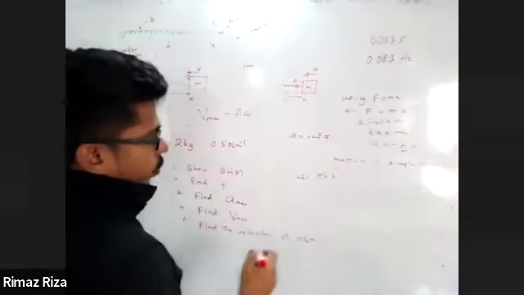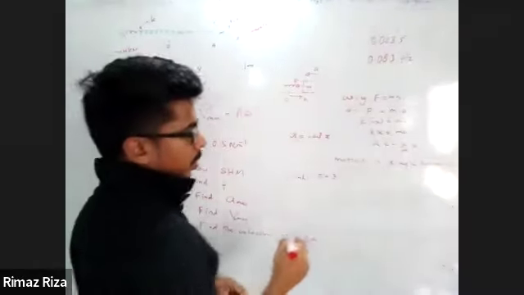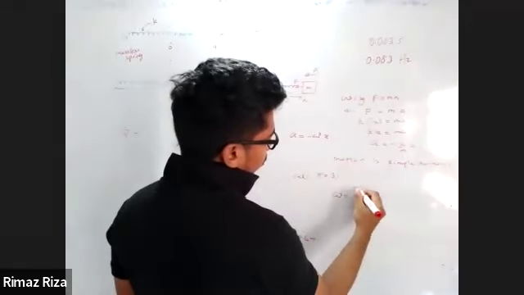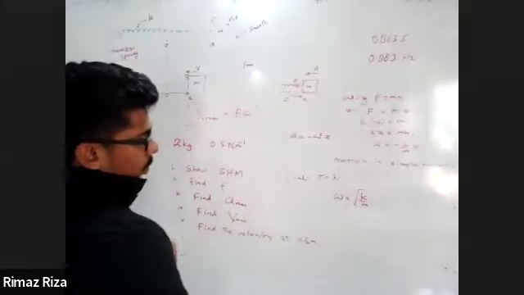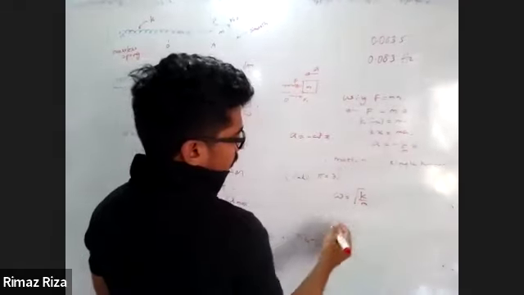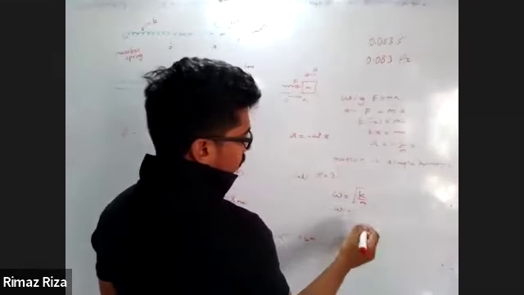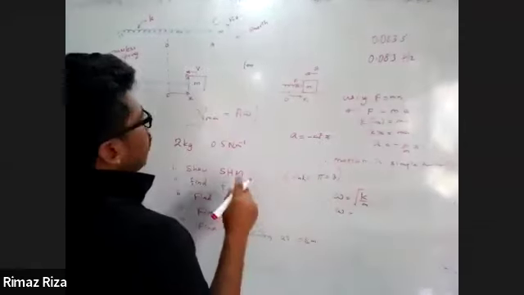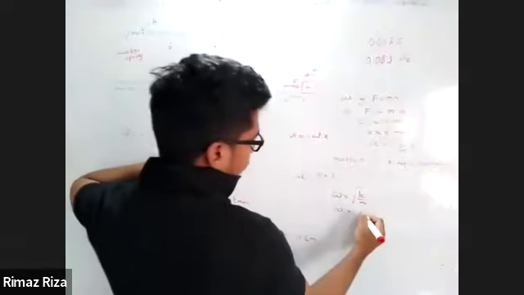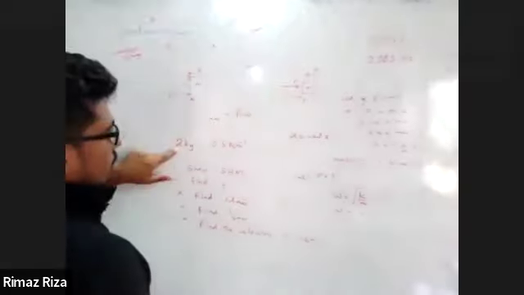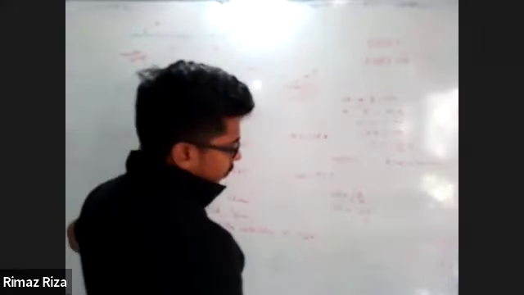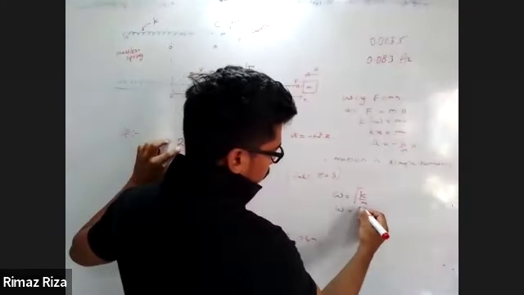Okay, let me check. First we want to find the angular frequency omega. Omega equals the square root of k over m.